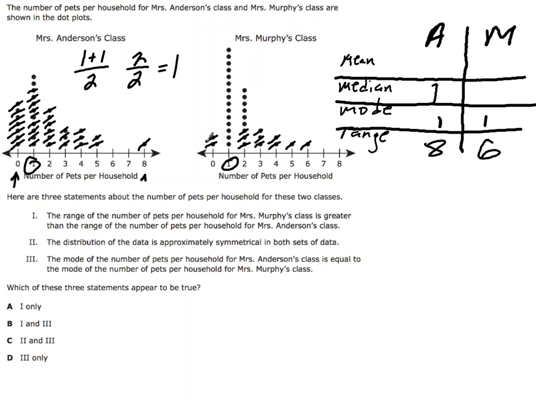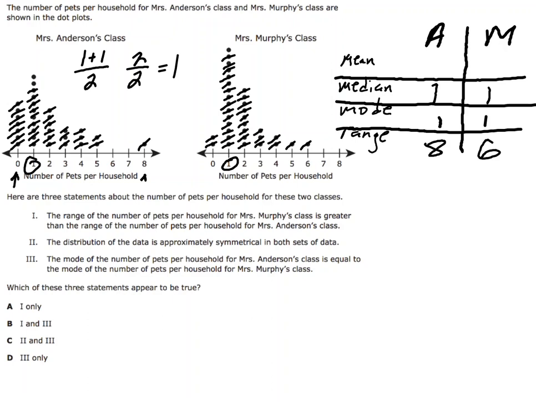So we got 1 through 10. Okay, 1, 2, 3, 4, 5, 6. 1, 2, 3, 4, 5, 6. That just leaves a 1 right in the middle. So Mrs. Murphy's is also 1.